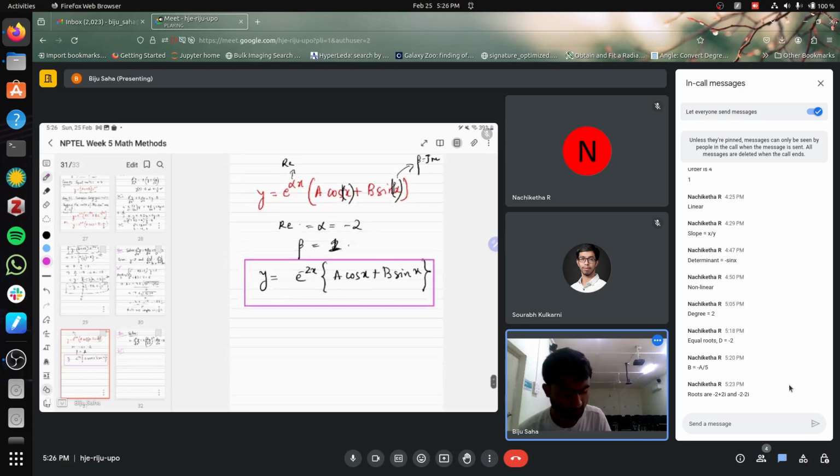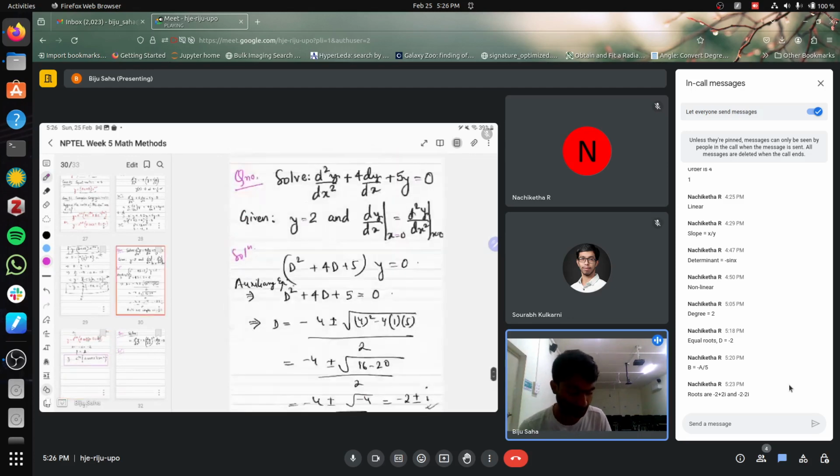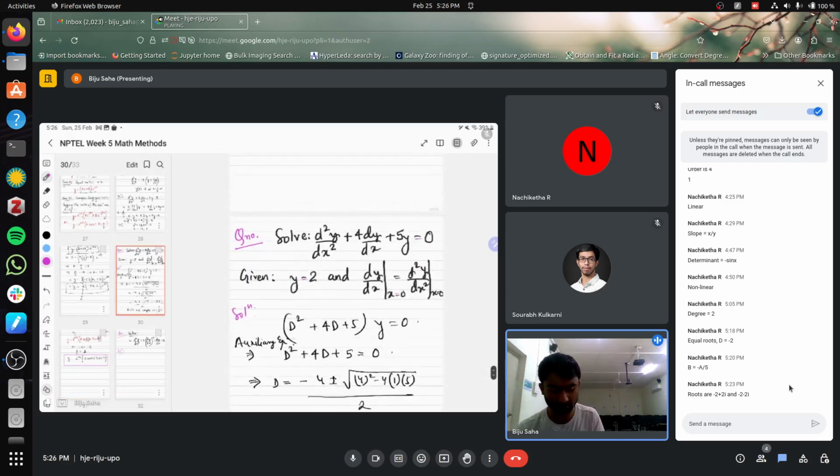Okay. So this is my solution, but it is a general solution because there are two unknown constants. So let us use these two statements and get the values of a and b.